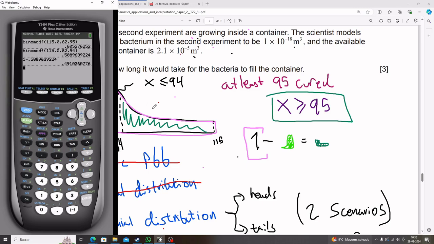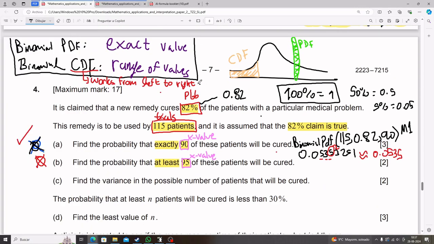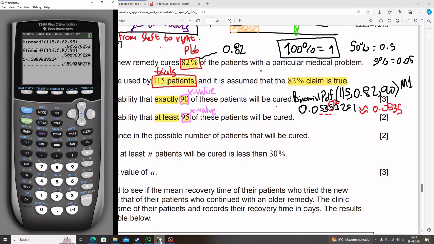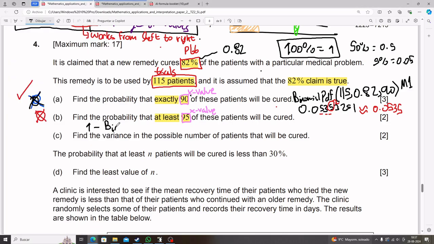And this is what gives you 95 or greater. See? So for part B, you have to do 1 minus that guy there. 1 minus binomial CDF of 115, 0.82, and 94, which gives you 0.491.